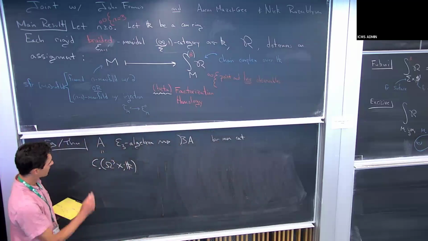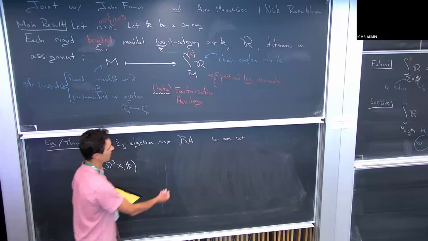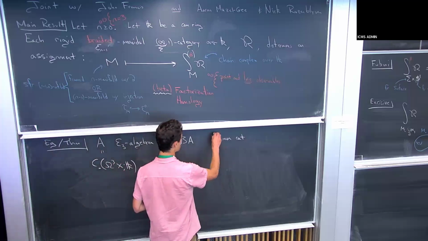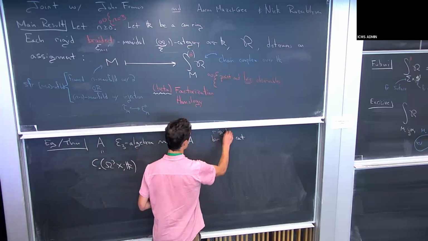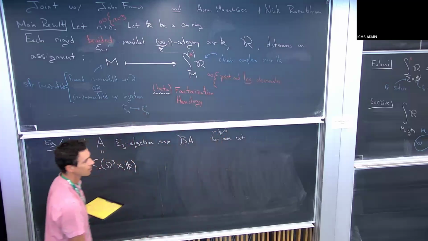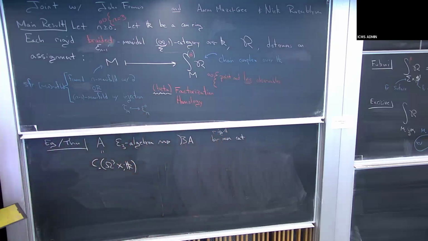So pick an E3 algebra such as this. Then this is a braided monoidal category, and for trivial reasons, it's rigid. Oh, did I mention rigid? Yeah, good. It's just modules, right?